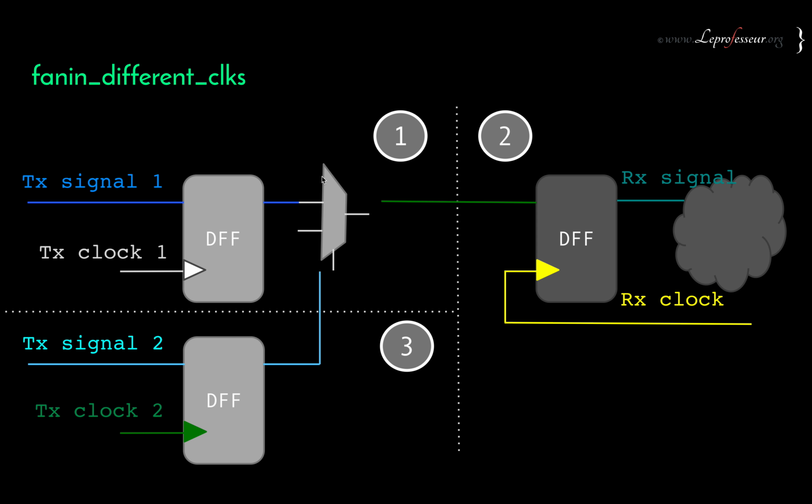You are combining TX signal 1 and TX signal 2, coming from two clock domains, via a multiplexer and going to the RX clock domain. So this is a fan in from different clocks. You have to deal with this situation. So this is another kind of violation.